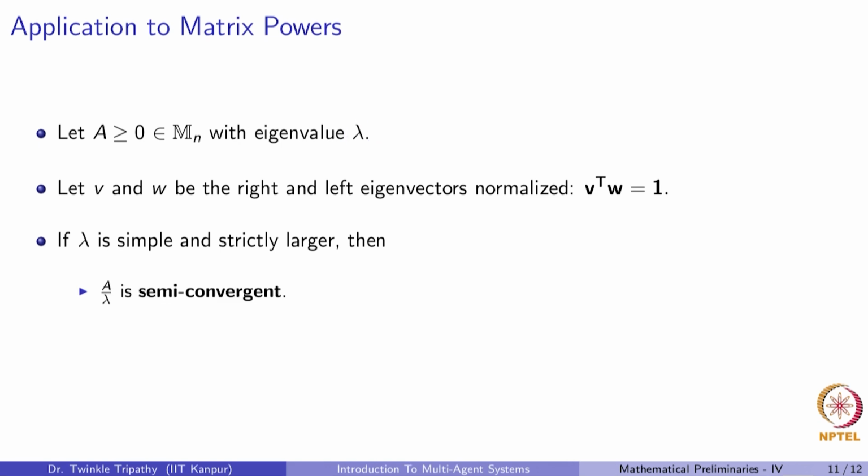If all of these conditions hold, then the matrix A divided by lambda is actually a semi-convergent matrix. Additionally, when we start taking the power of this matrix, then it eventually converges to this VW transpose. So, let us try to apply these results.